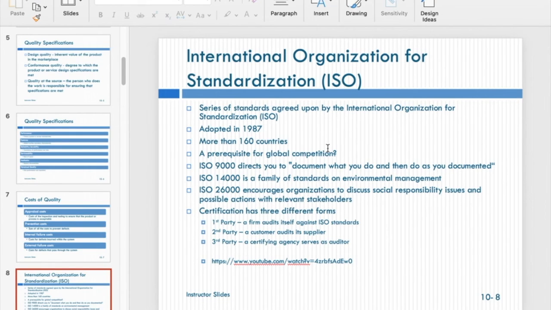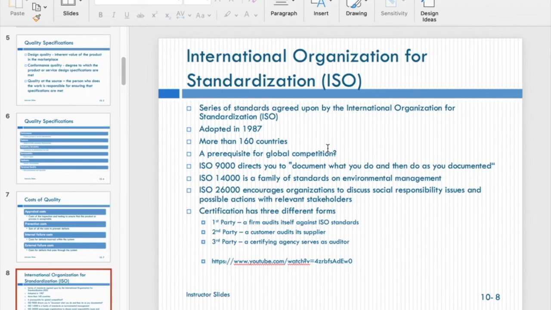It encourages organizations to discuss social responsibility issues and possible actions with relevant stakeholders. As a company, you cannot just deal with your own shareholders. You also need to care about your relevant stakeholders, the communities. You need to take your social responsibility. Otherwise, if you do not do that in a proper way, you probably will have some problems related to different country laws. So ISO 26000 is basically to discuss social responsibility issues.